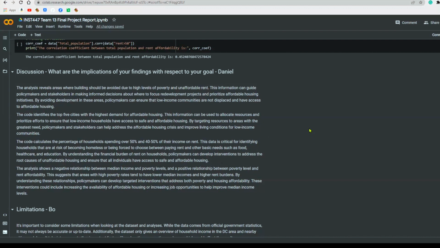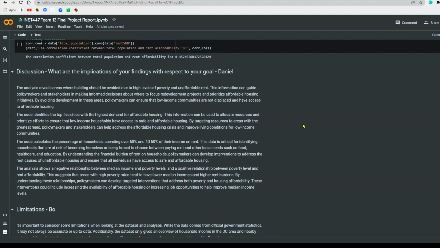Using the heat map, we were able to find specific areas in need that could be renovated and worked on, and areas that should not be.